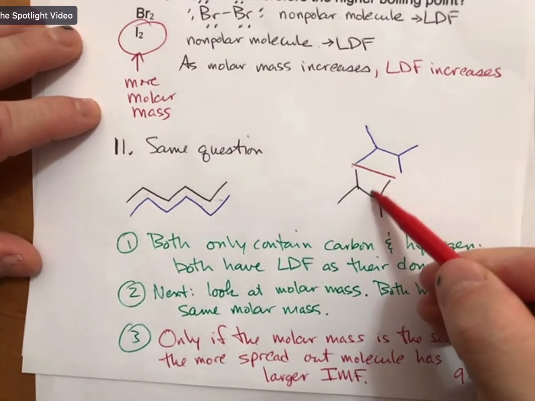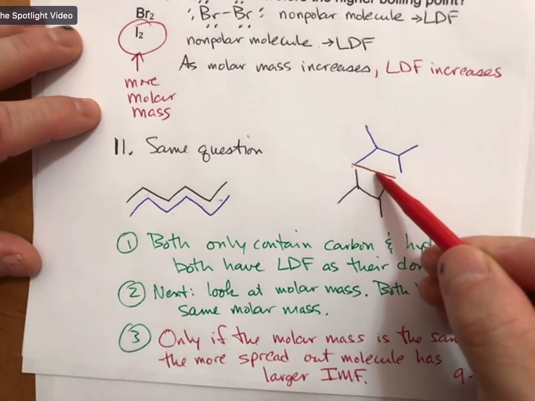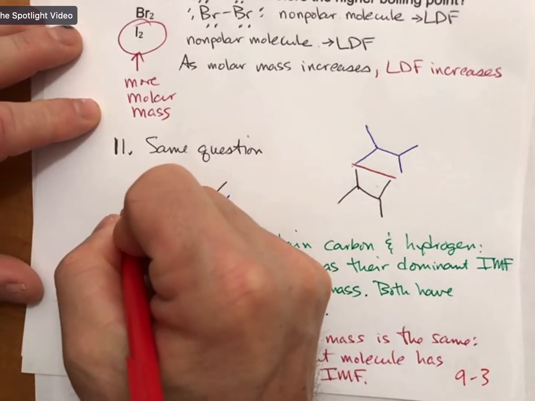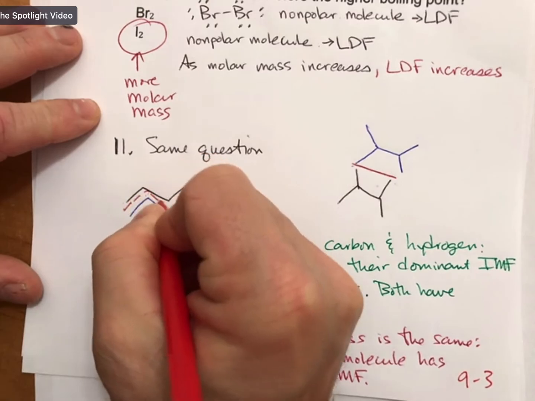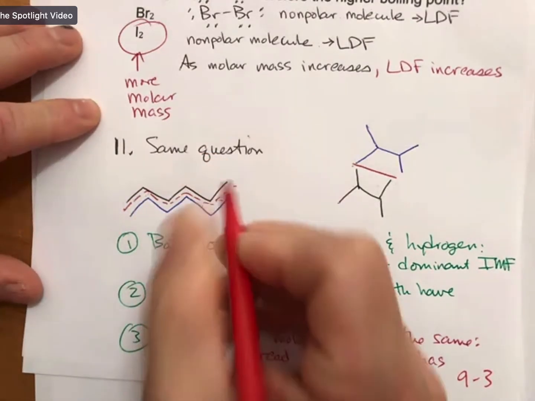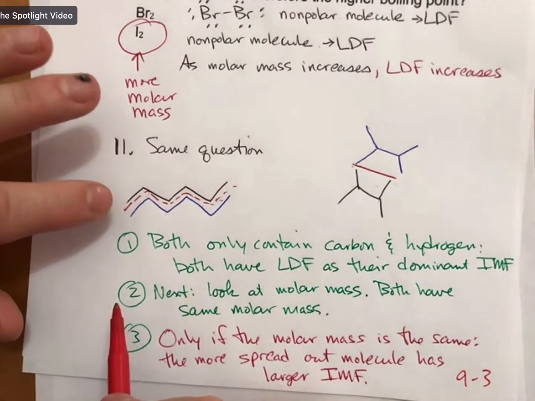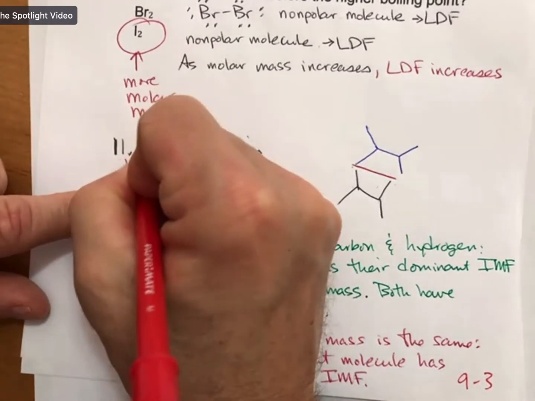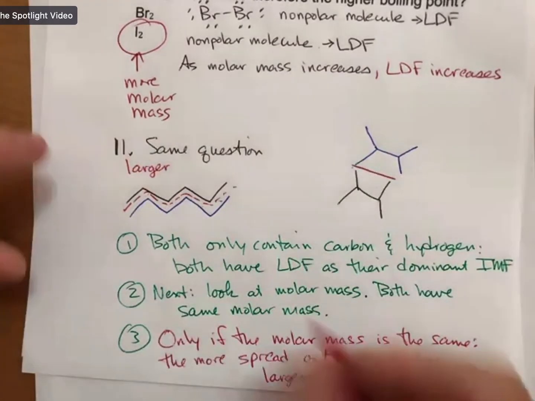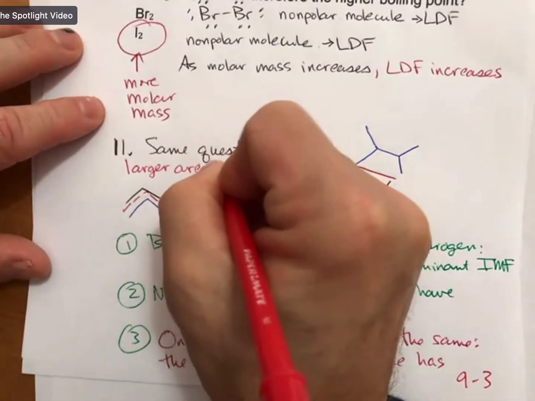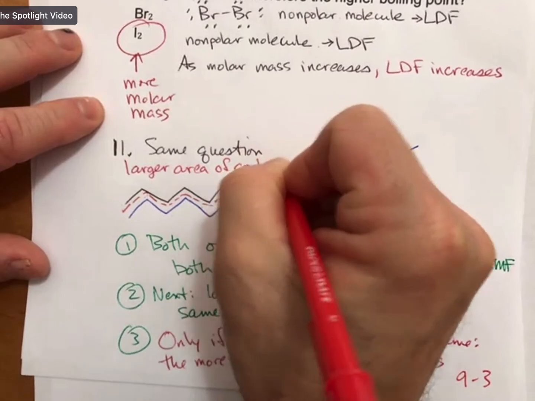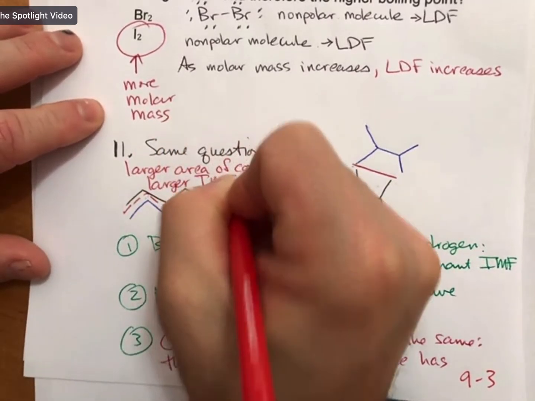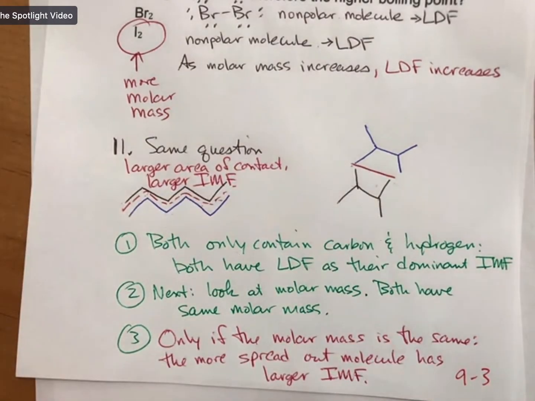So the surface area, or the amount of interaction between these two, is smaller. The surface area here, so larger area of contact, larger IMF.